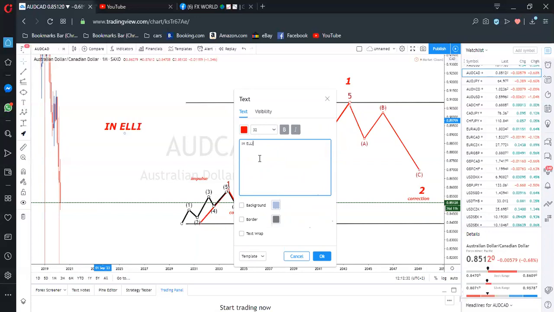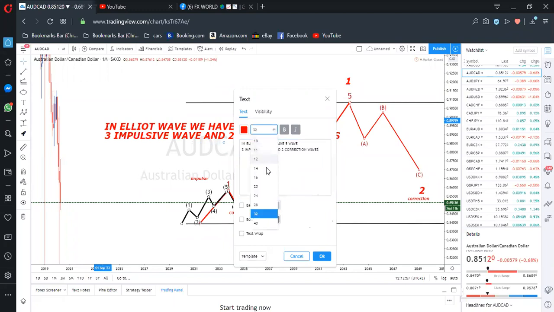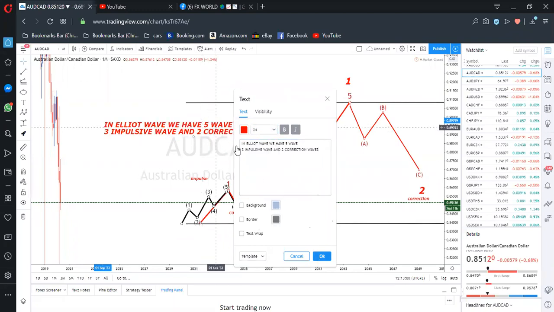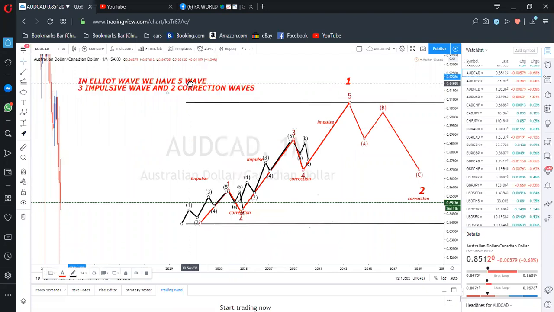5 waves. Yes, in Elliott wave, we have five waves.